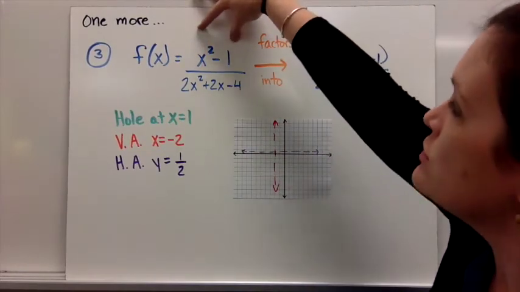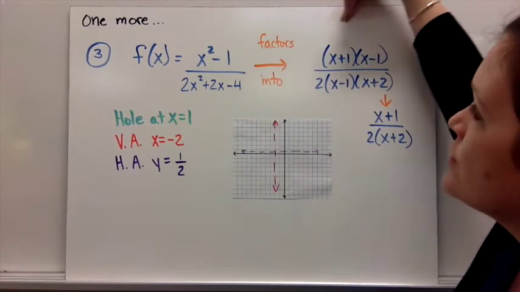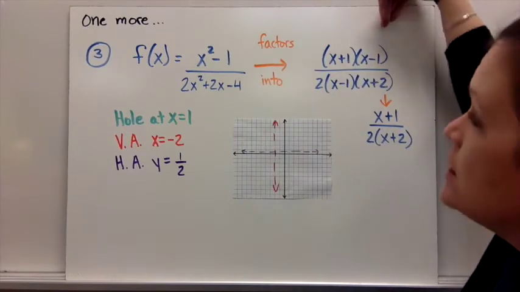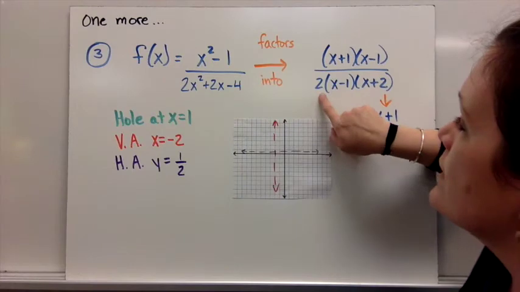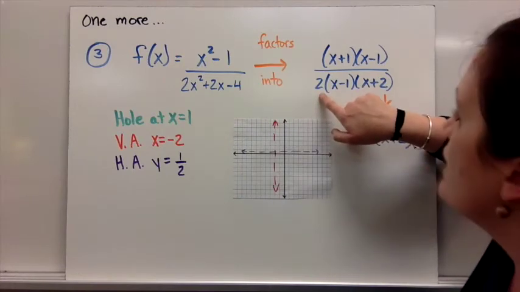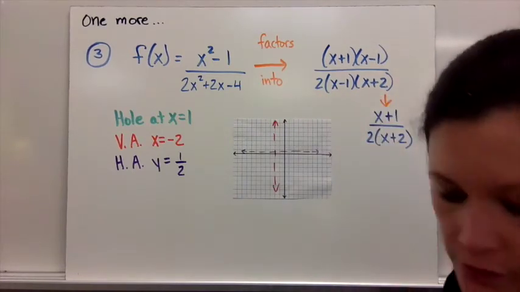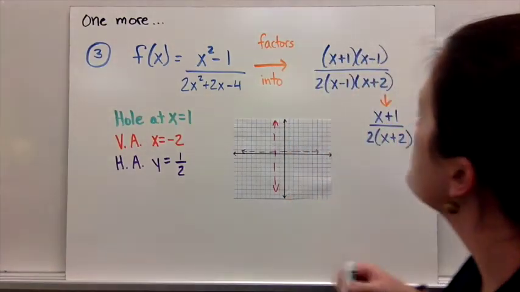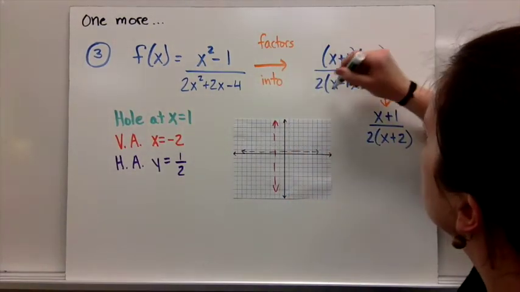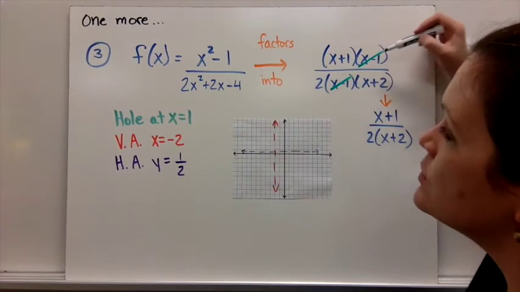So I took the original function, I factored the numerator into x plus 1, x minus 1. The denominator, I took out a greatest common factor of 2, and then I had x minus 1, x plus 2 left over. And so there was a hole at x equals 1 because x minus 1 canceled out.